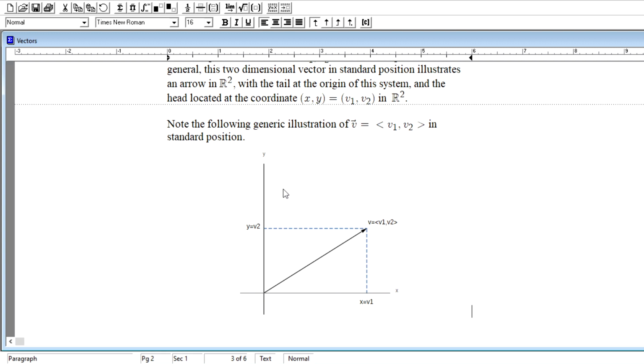And what a vector in standard position describes is a displacement that happens from the origin in the system. We might have this displacement for an object in our system that starts at the origin. Well, that would put that object at this location if that displacement is described in standard position.